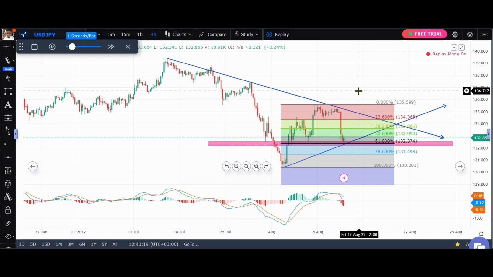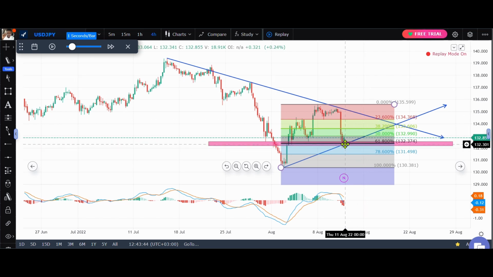Now, what we shall be looking at is rejection and pullback. That's what we will be focusing on. And we can clearly see the price is at the magical area, and we have a rejection, this green candle.